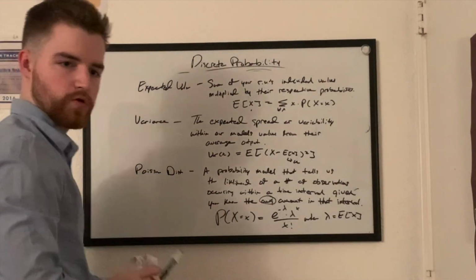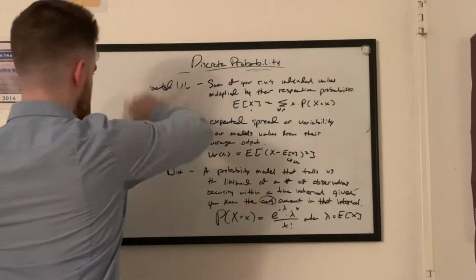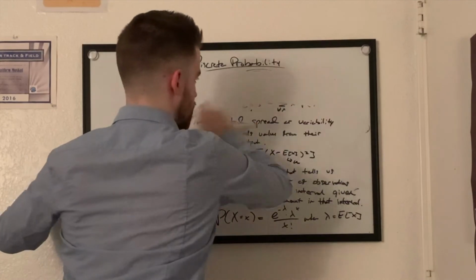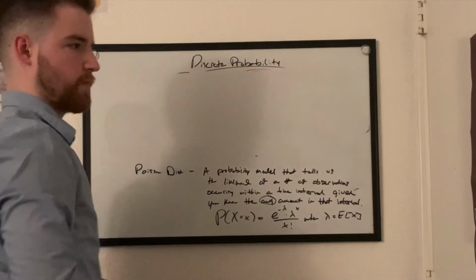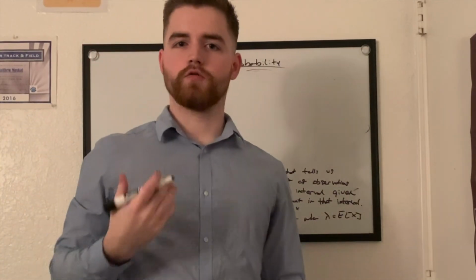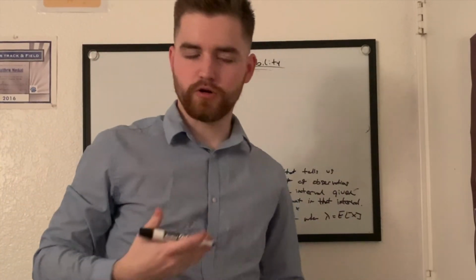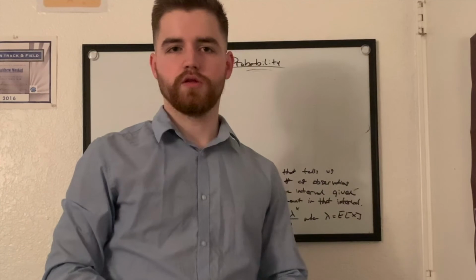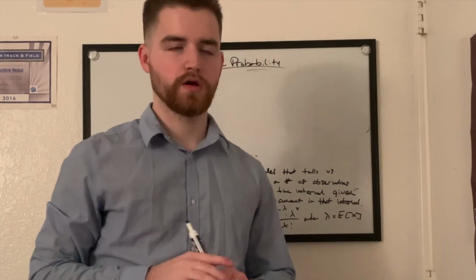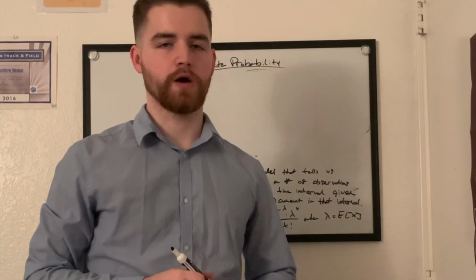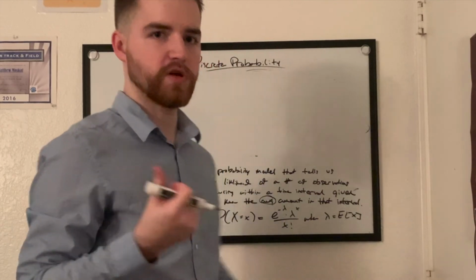I'm going to go ahead and give you a quick example, and then we'll wrap up. Say you are in a grocery store and you're coming up on a line, and every 10 minutes, the average amount of customers that walk through that line is three customers.